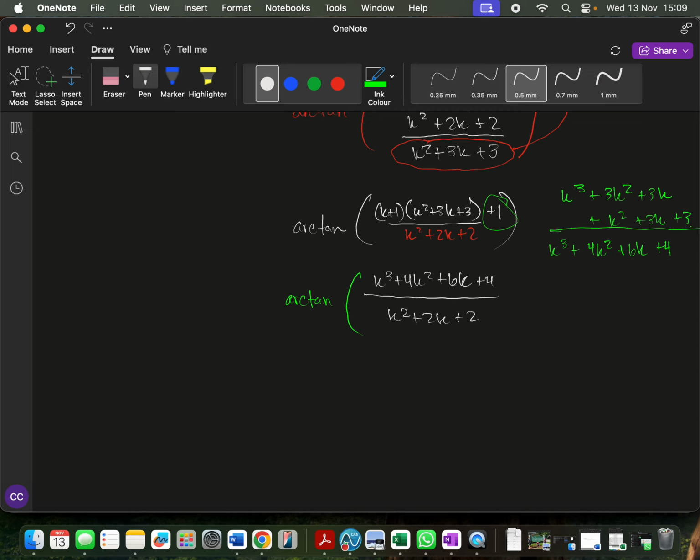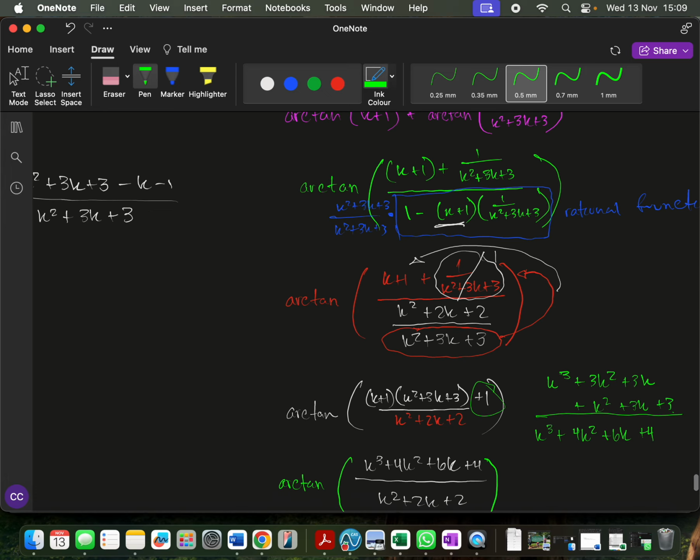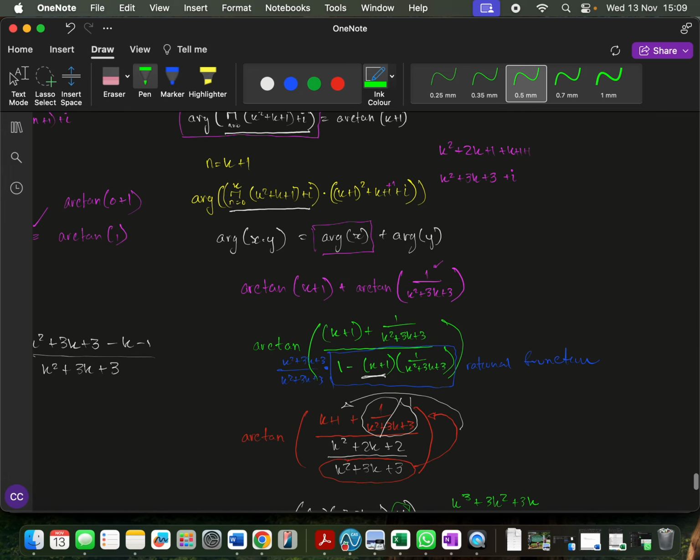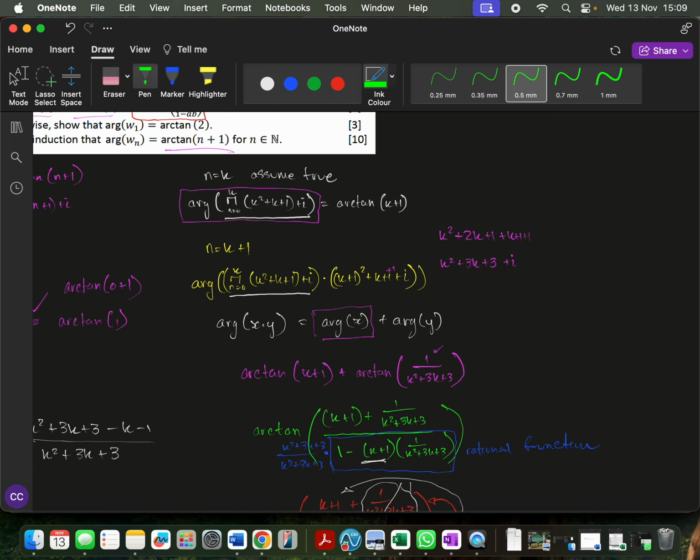Now, here I'm going to use a little bit of fuzzy math. And the reason why I'm going to be able to get away with this is that we know that at the end of the day, this has got to equal the arctan of k plus 1 plus 1, or k plus 2.